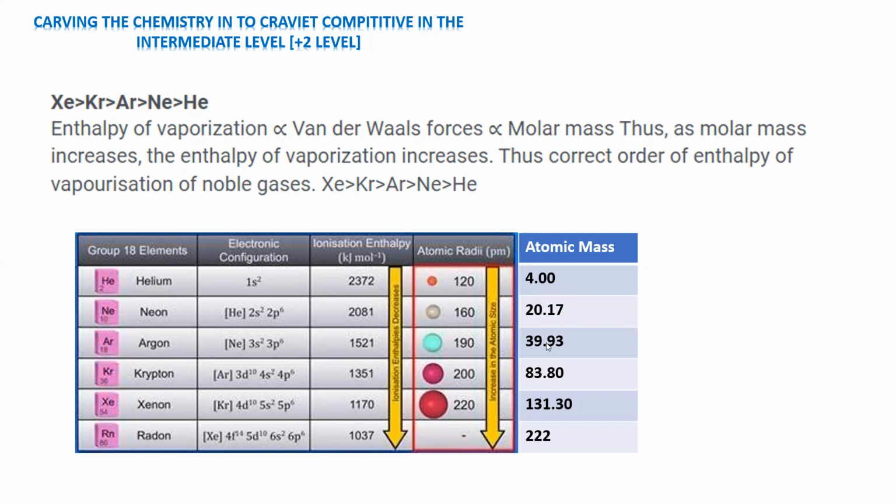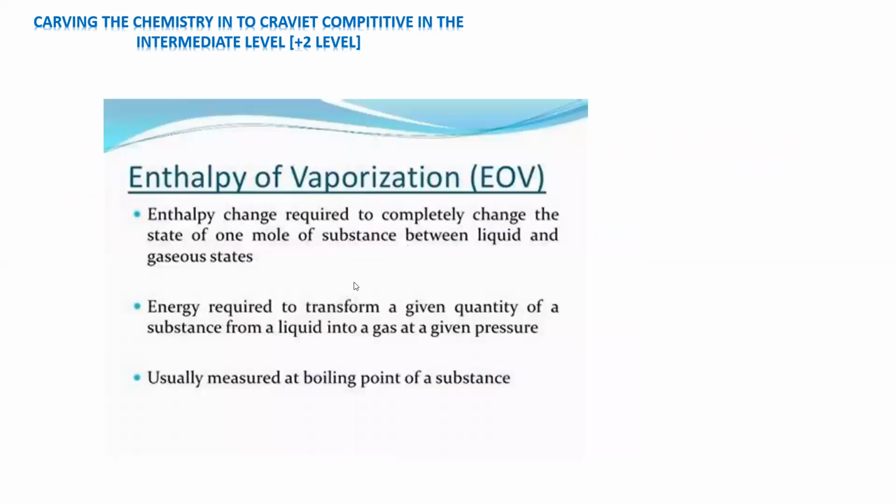So as we descend from helium to xenon, the molar mass gradually increases, and subsequently van der Waals forces also increase. That's the reason the heat required to vaporize them also increases. Hence, the right order will be xenon, krypton, argon, neon, and helium.